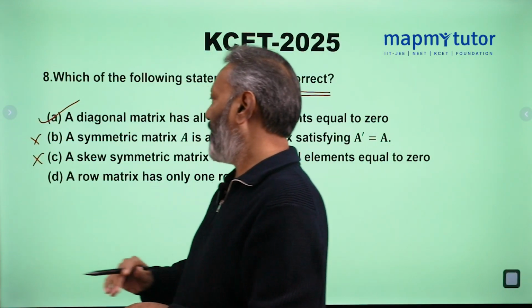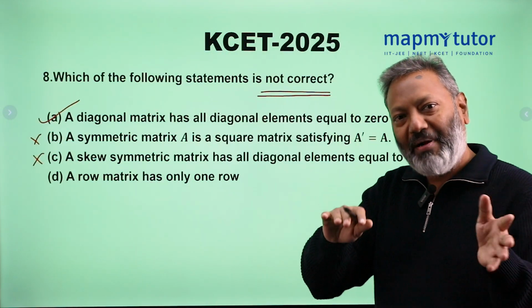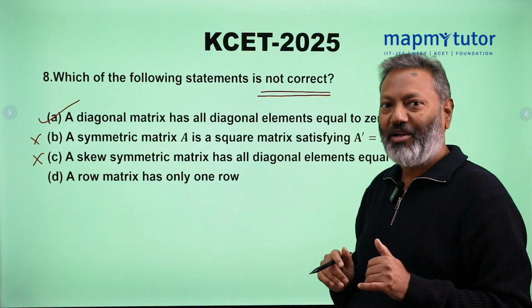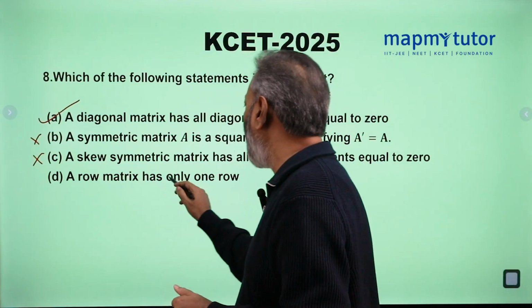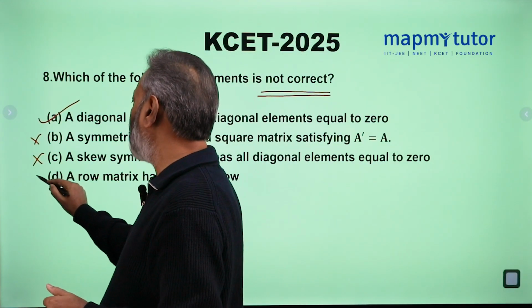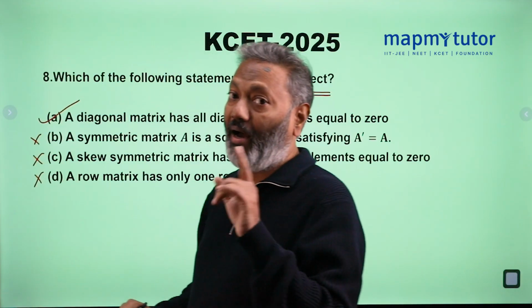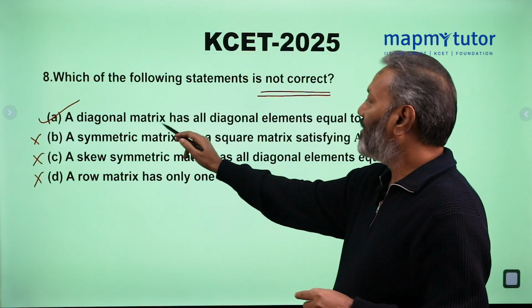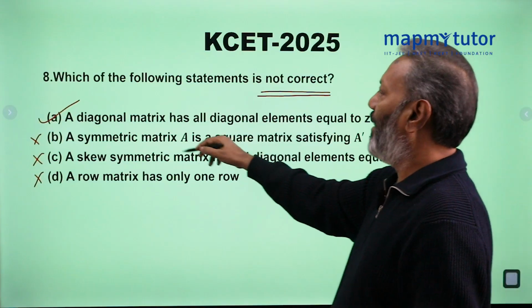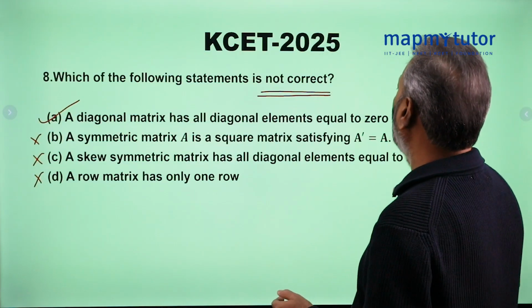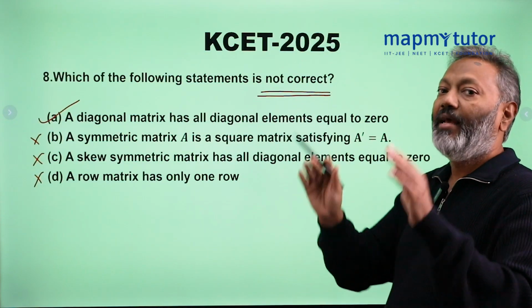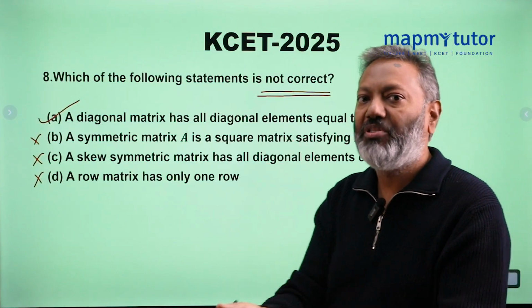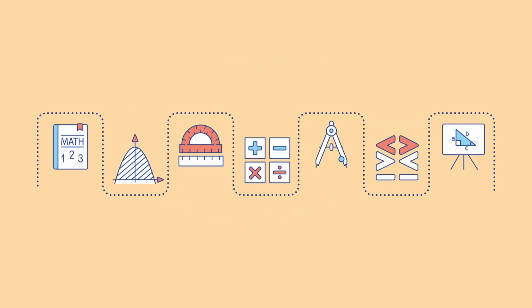Yes, it is correct, but it is not our answer. And a row matrix has only one row. Yes, that is also correct, but not our answer. Our answer is the one which is not correct: a diagonal matrix has all diagonal elements equal to 0 is the not correct statement. Okay.